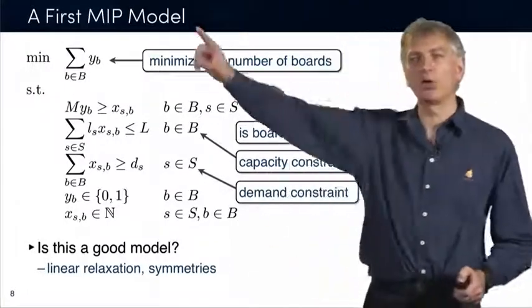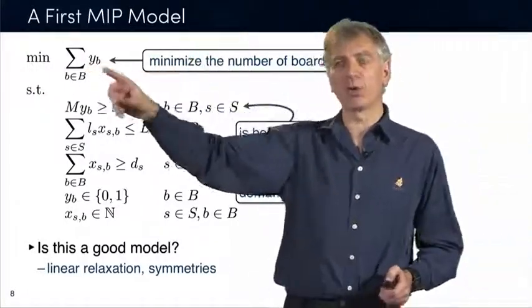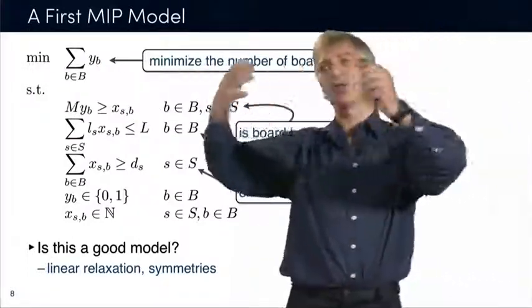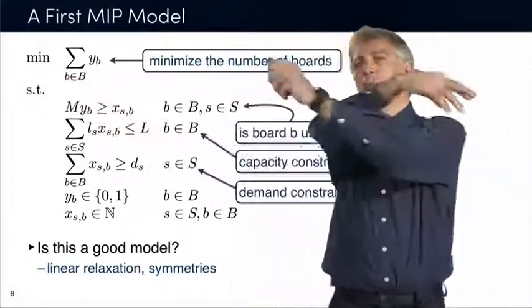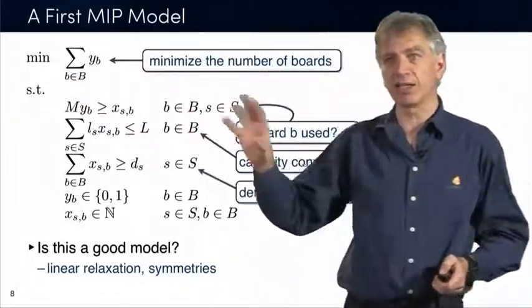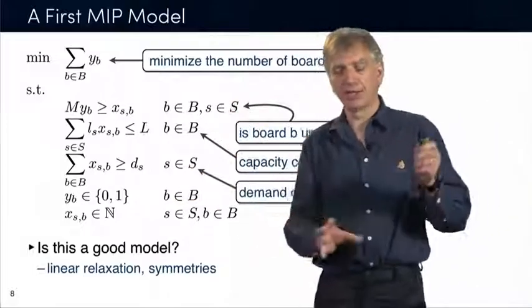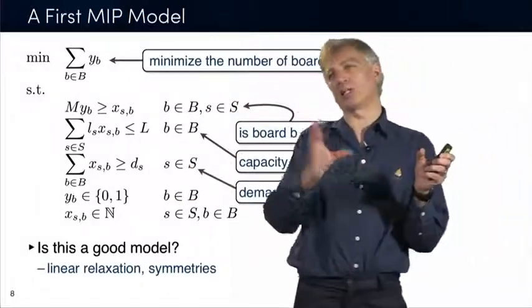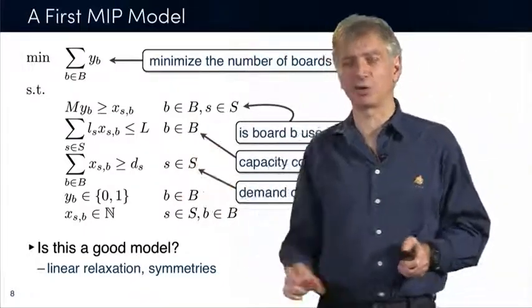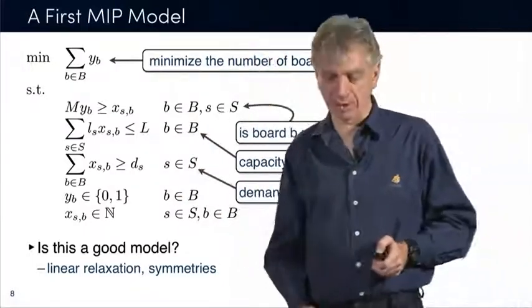All these boards are interchangeable, which means that if I have a cutting with some of these boards, I can just permute them and I have another set of boards. And as soon as you have something like that in a MIP, it's terrible, because even if you have a good bound, you still have to explore these redundant solutions. So you will have to try to break these symmetries as well. So this is a very bad model actually.